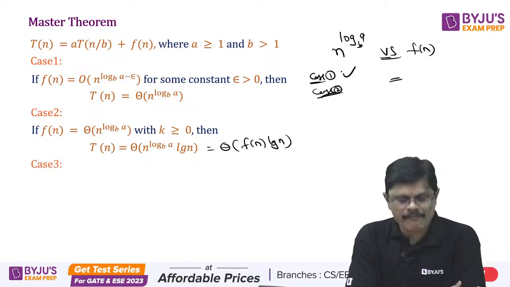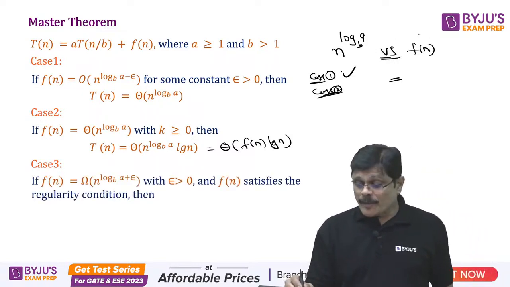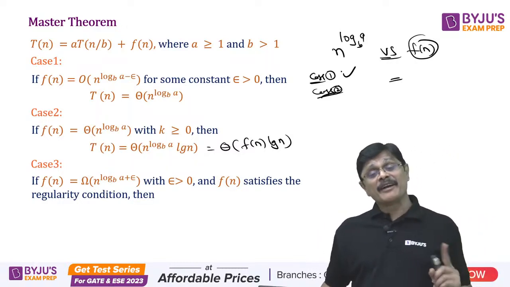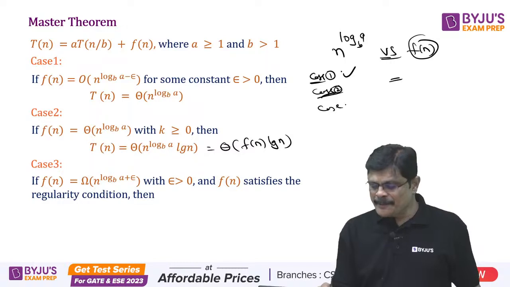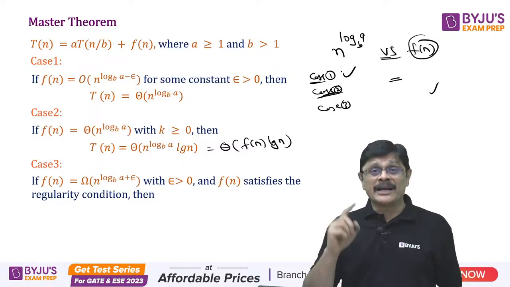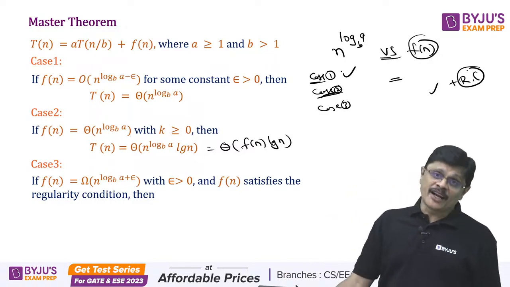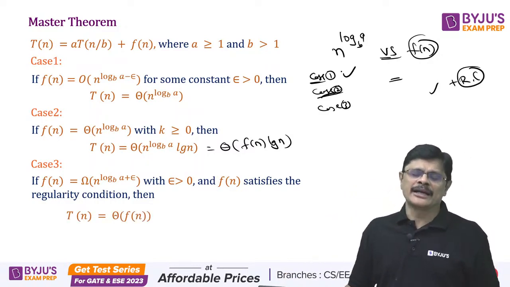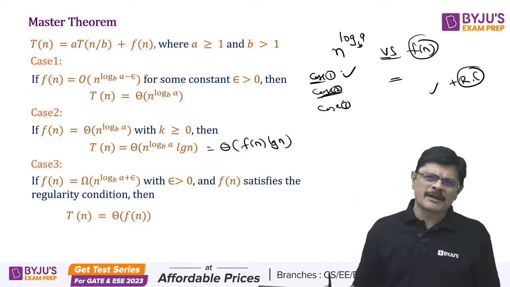In case 3, f(n) is dominating. But when f(n) is dominating, we can't directly write the answer. We also need to check a condition called the regularity condition. If it is satisfied, then the time complexity is Theta(f(n)). Mostly, if f(n) is a polynomial, the regularity condition is always satisfied.